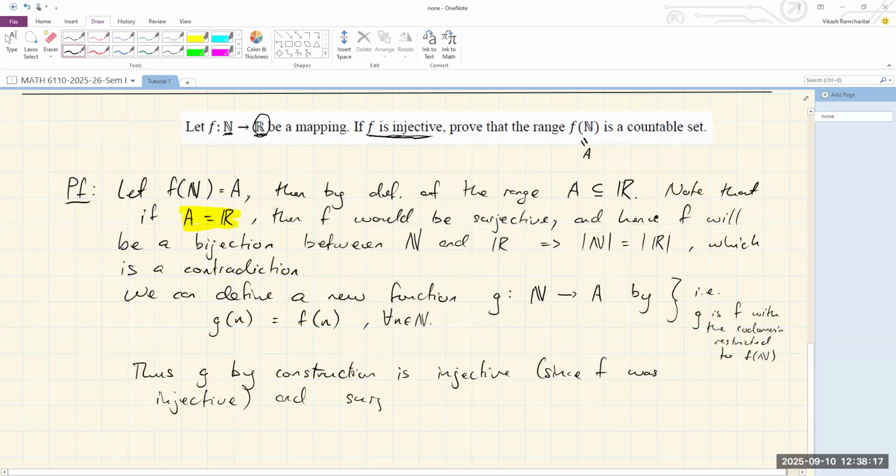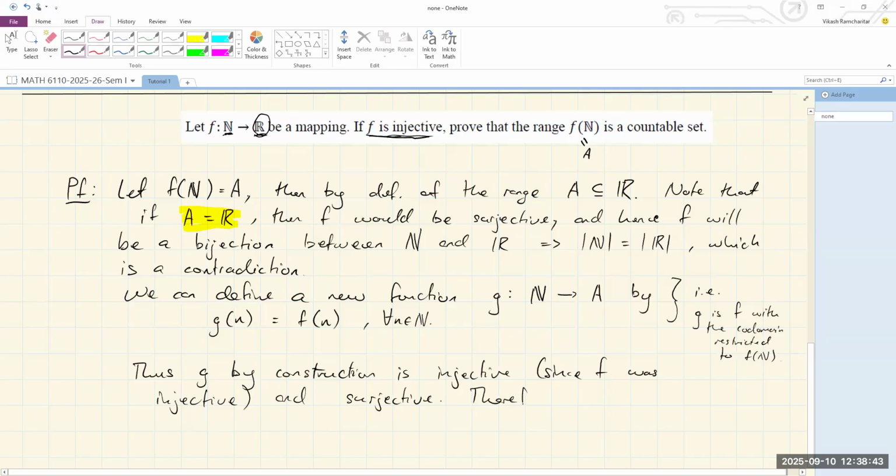And surjective, right? Why is g surjective? Because g is simply f. g is the function f. So g is just the function f mapping from the set of natural numbers into its range. So by construction, g will be surjective.